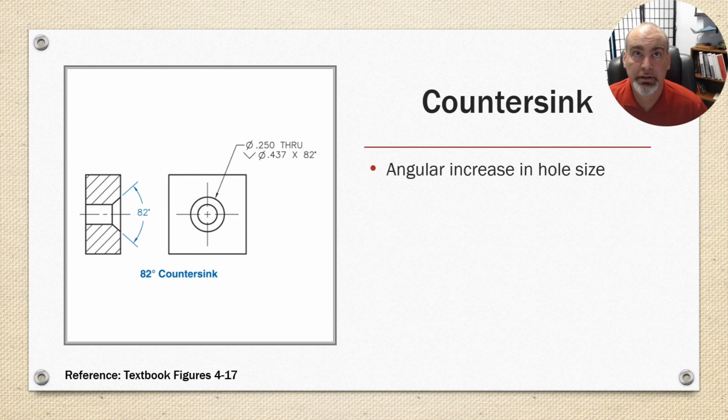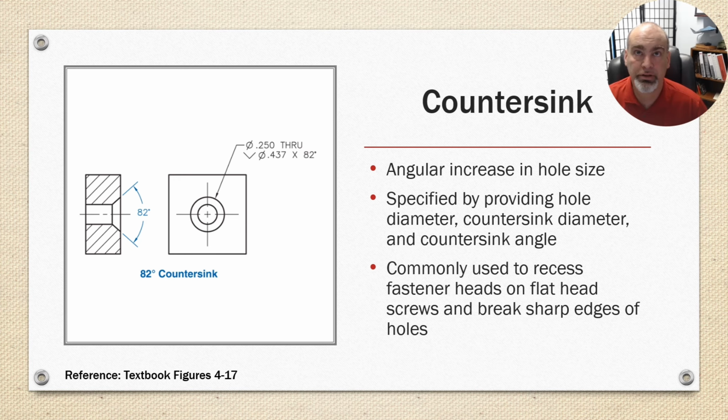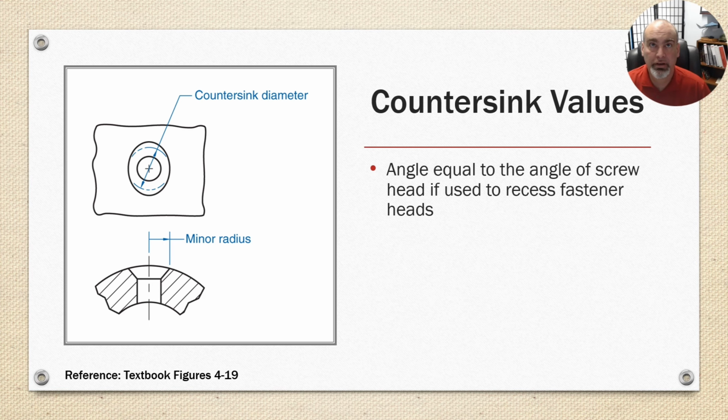Countersink: an angular increase in hole size, specified by providing hole diameter, countersink diameter, and countersink angle. Commonly used to recess fastener heads on flat head screws and break sharp corner edges of holes. Countersink values: the angle is equal to the angle of the screw head if used to recess the fastener head.